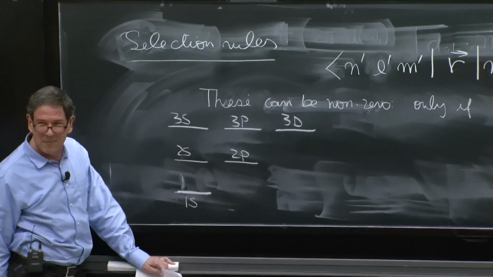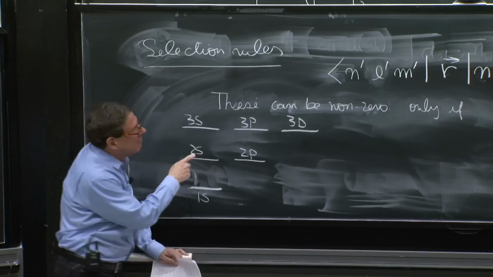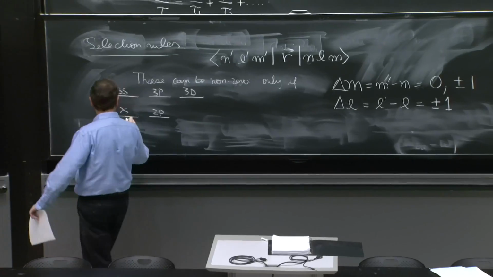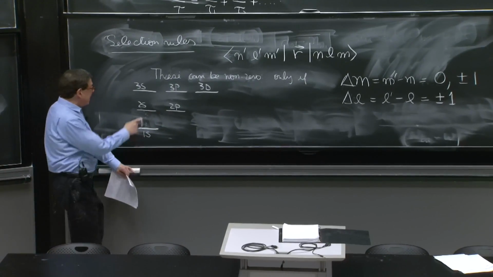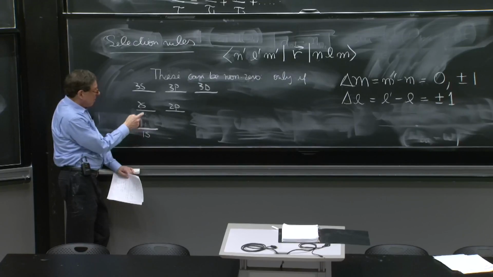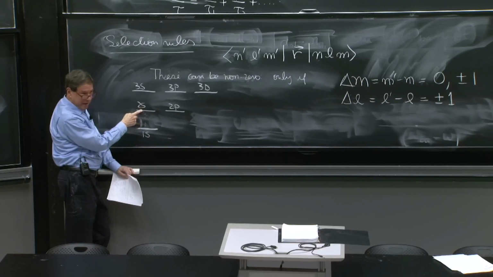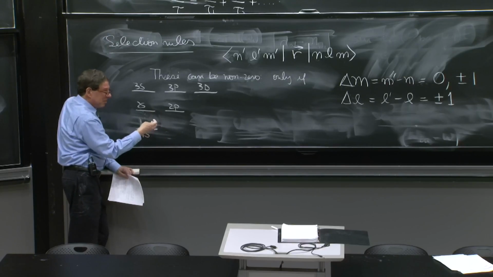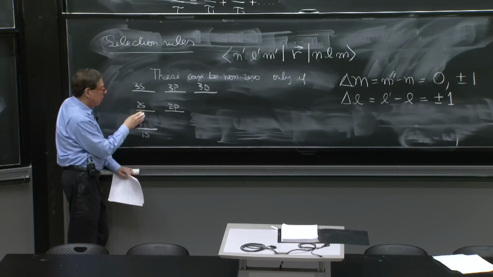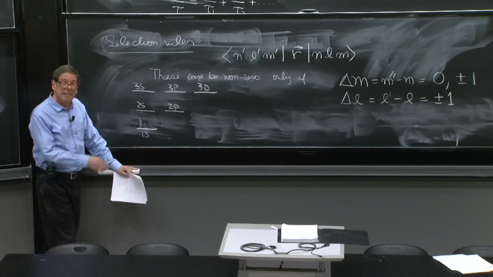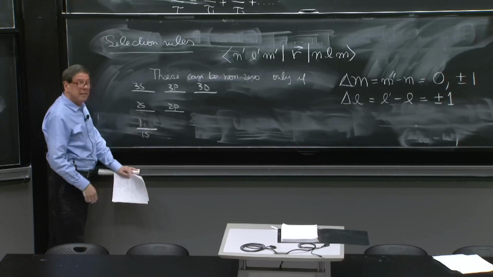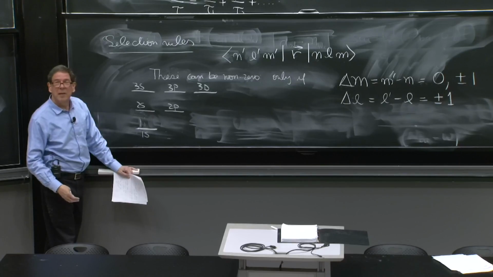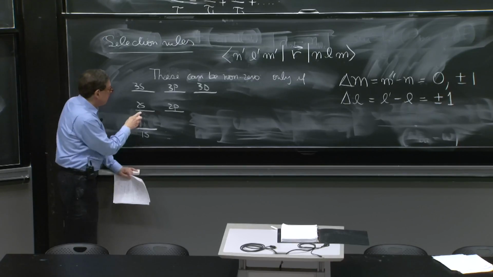Is it possible? No, very good. It violates delta L. So this doesn't happen. So if this doesn't happen, this 2s can almost go nowhere, because it has to go by spontaneous emission or something, it has to go to something lower. So it almost doesn't go anywhere. So actually it has a long lifetime, and it can decay via 2 photons or more complicated decays that we will not consider. But this is fairly stable.